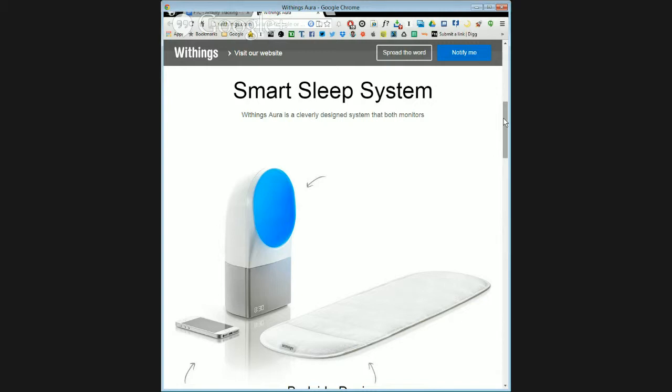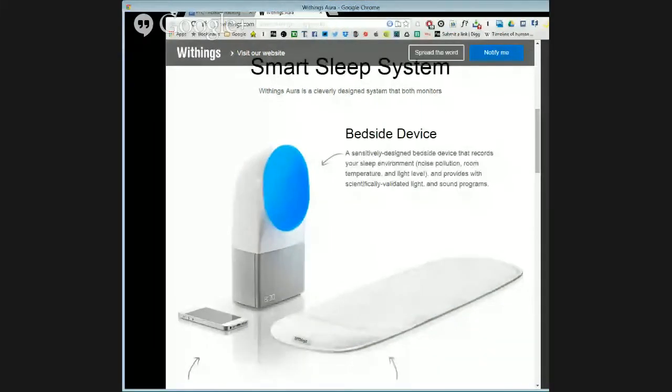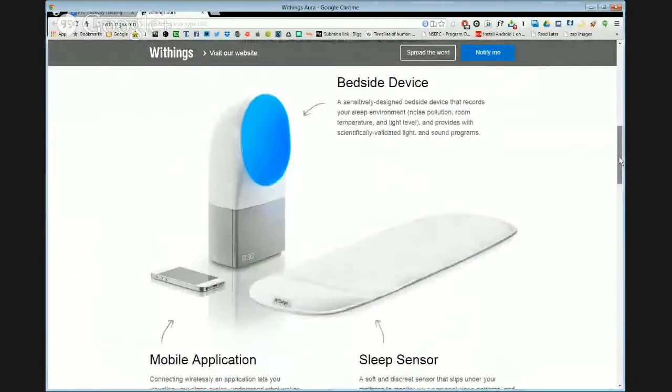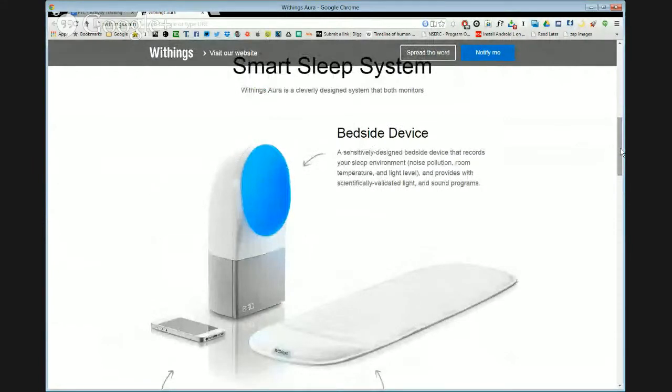And what this clock system does with the light is it uses the smartphone to keep track of the light, and when it's time to wake up, the same way the apps we've been talking about do, it will show you blue light, which is a good light to start melatonin production and to wake you up.